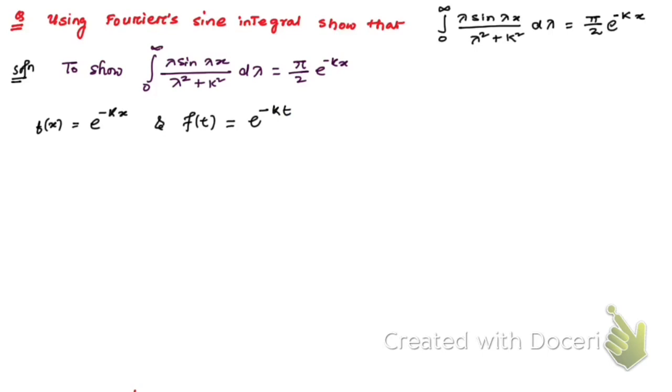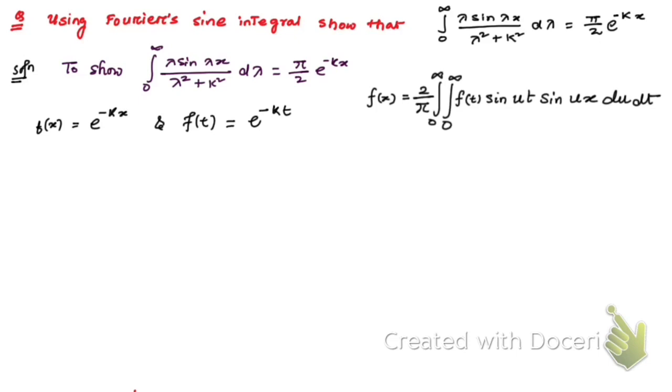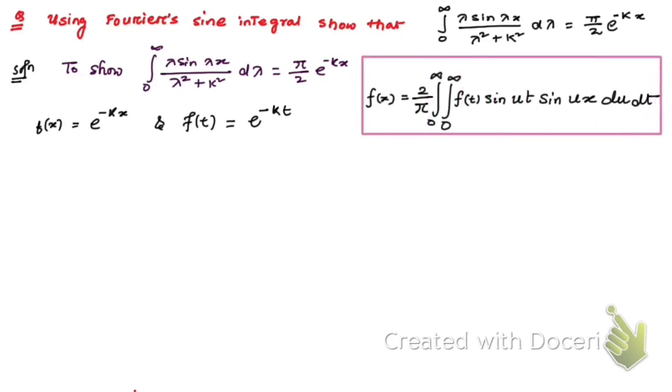Now as we are to apply the Fourier sine integral theorem, which is nothing but this one, this is the Fourier sine integral, right? So let me write it within the box. Here you see this is the Fourier sine integral, right?